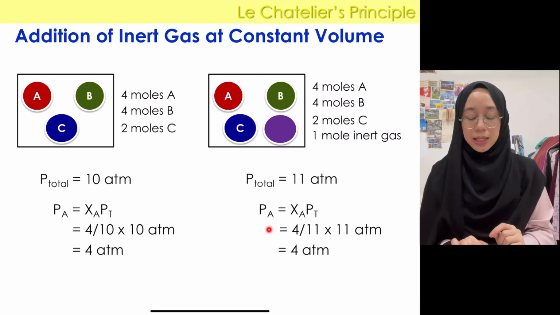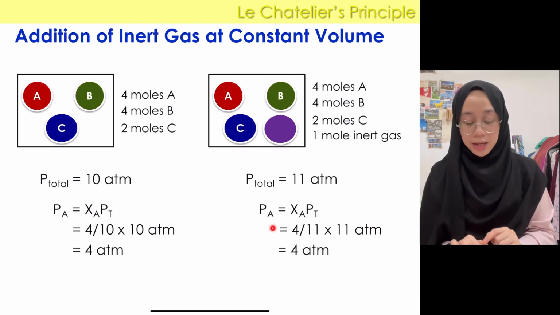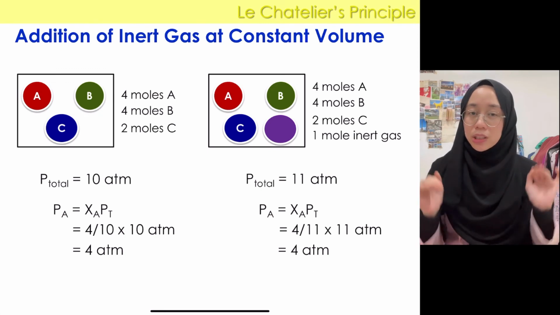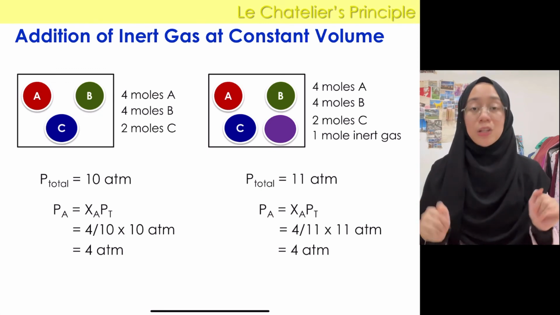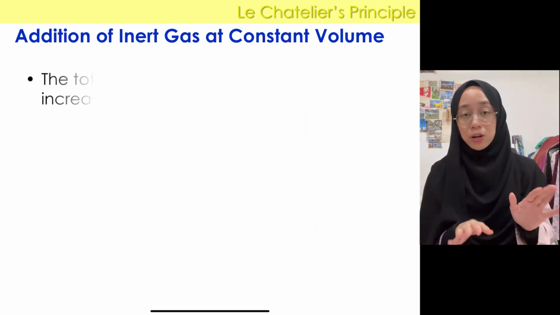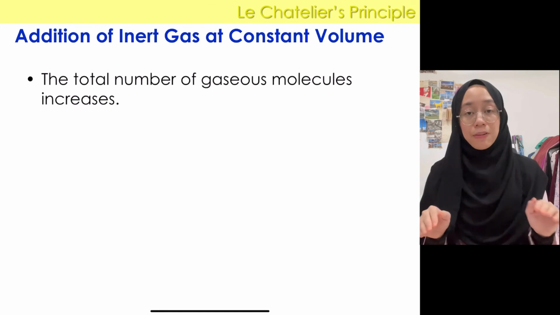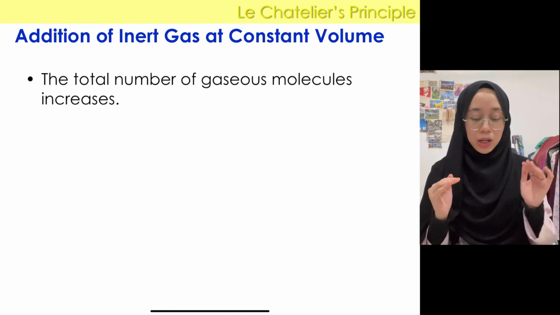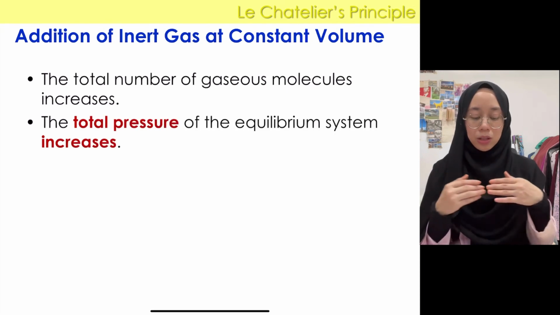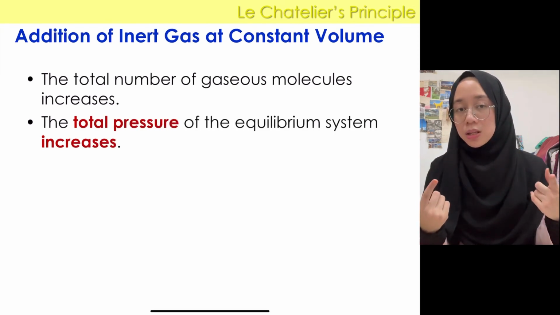So bila kita kira partial pressure of A balik, okay, so partial pressure of A is not affected. Okay, so do you think the system will shift dekat mana-mana side? So in this particular case guys, the addition of inert gas at a constant volume, it will not give any effect then. Okay, because the total number of gases molecule dia akan increase, but then the total pressure sendiri pun akan increase juga selepas tu.